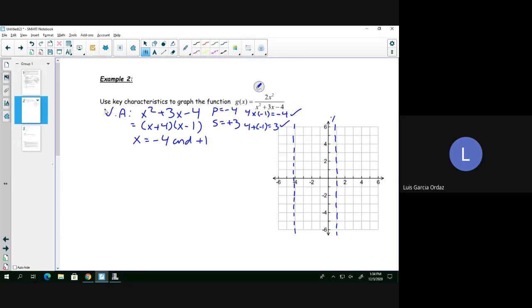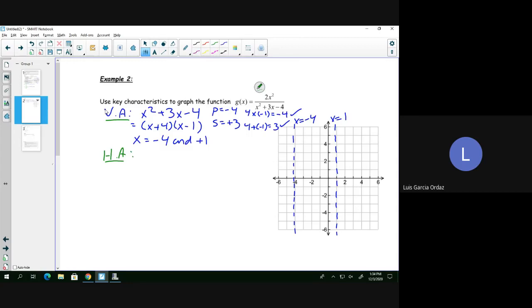So you have x is equal to 1 and x is equal to -4. So we did our vertical asymptote. Now we have to check for a horizontal asymptote.